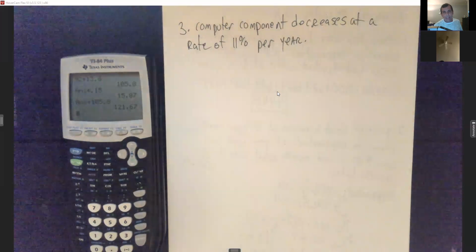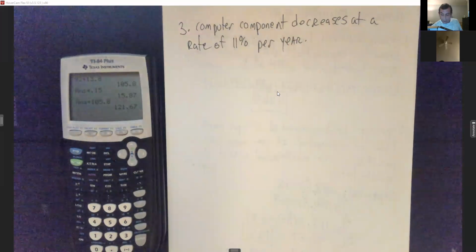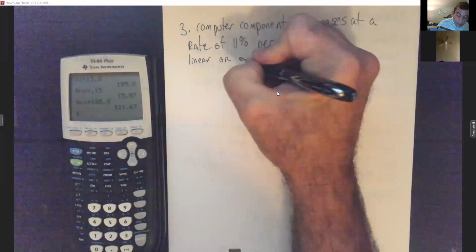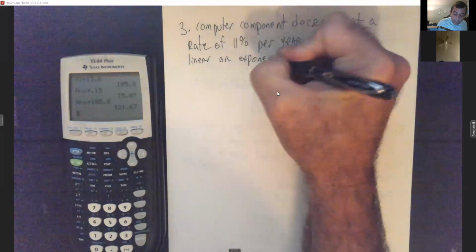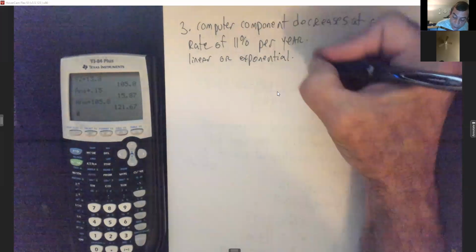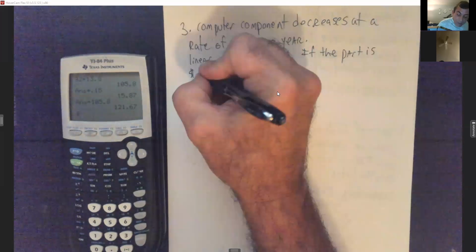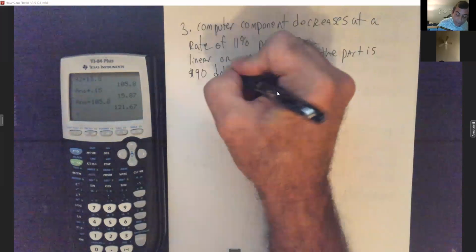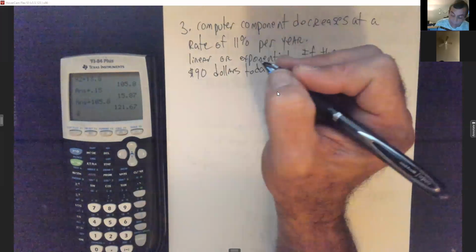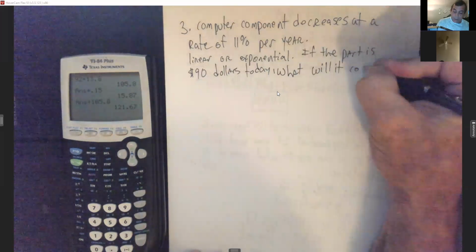That's that stuff you see in your taxes about depreciation when stuff loses value. So we're going to say if this is linear or exponential again. And then if the part is $90 today, what will it cost in 3 years?